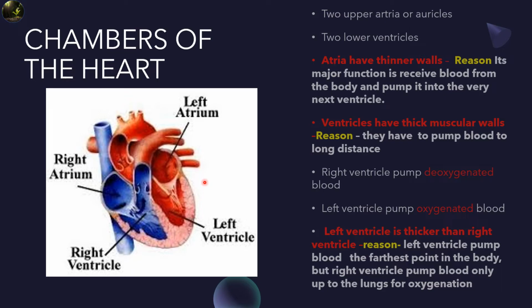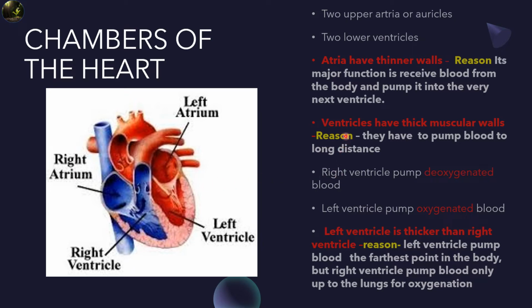Don't forget how to write left and right. In the diagram, what we are saying is based on the diagram. That means the left atrium and left ventricle are pumping oxygenated blood. Right atrium and right ventricle are pumping deoxygenated blood.